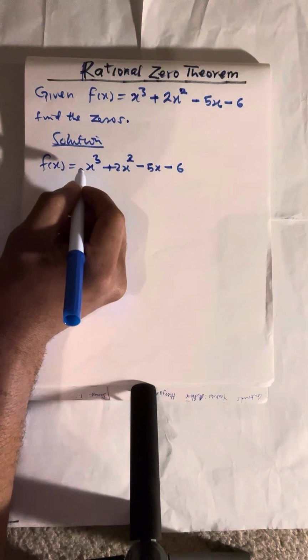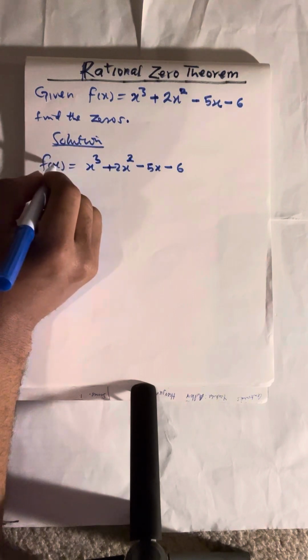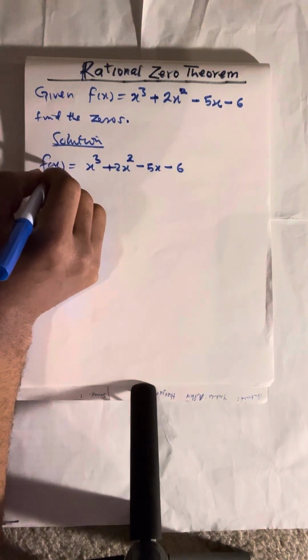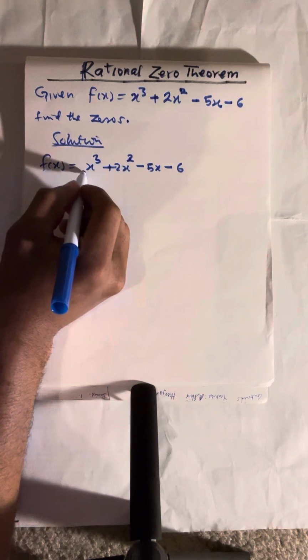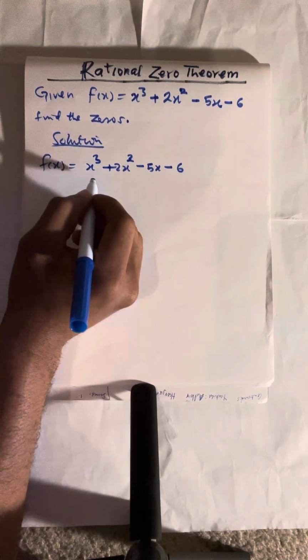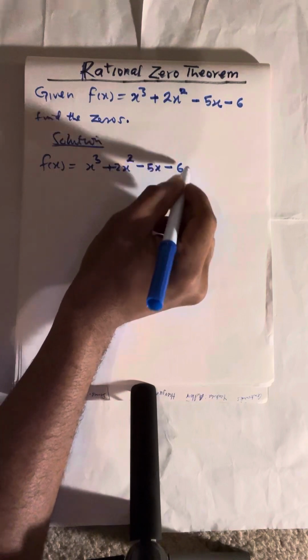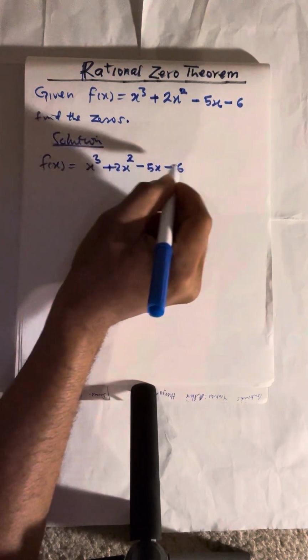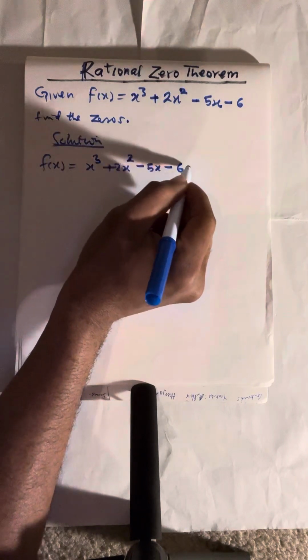To get the x such that when I put it into f of x it gives 0, I need to consider the leading coefficient and the last term, or rather the factors of the last term.